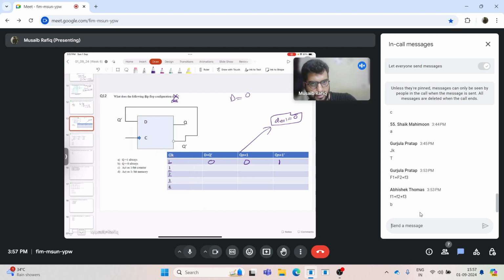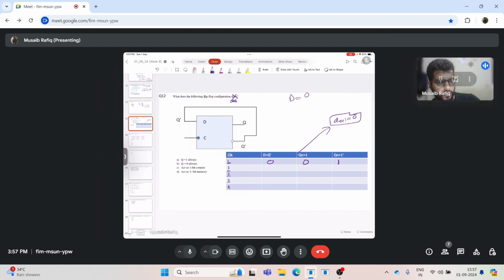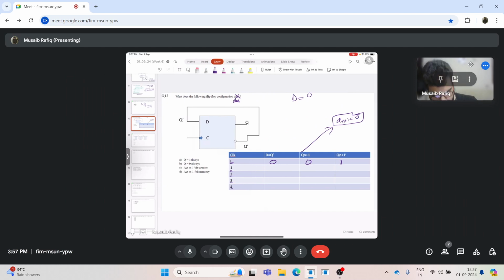What I did, I made an assumption that first d equal to 0. Then yes, correct, because the output Qn plus 1 is equal to d. So I have written that. Now Qn plus 1 is 1, so it will be 1 and 0, then 0 and 1, then 1 and 0, and then 0 and 1. What is happening? This is changing state: 0, 1, 0, 1, 0, 1, and so on.